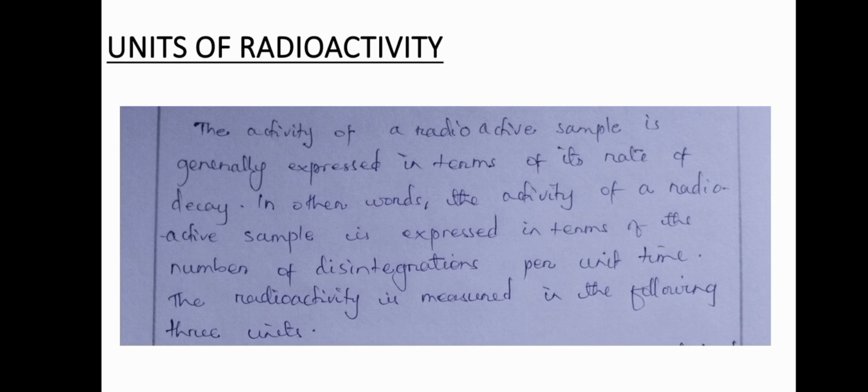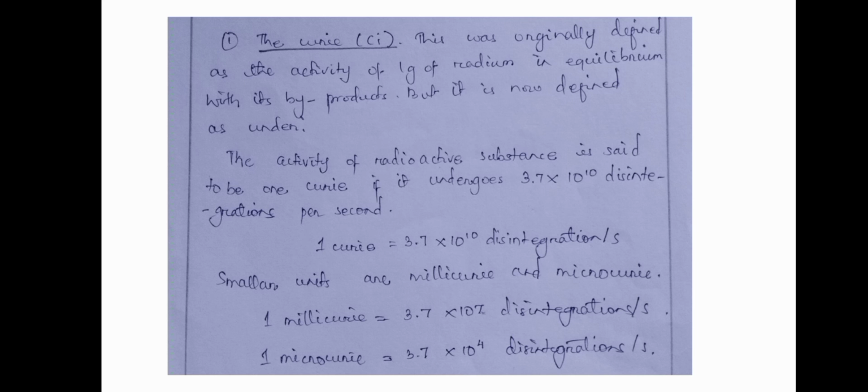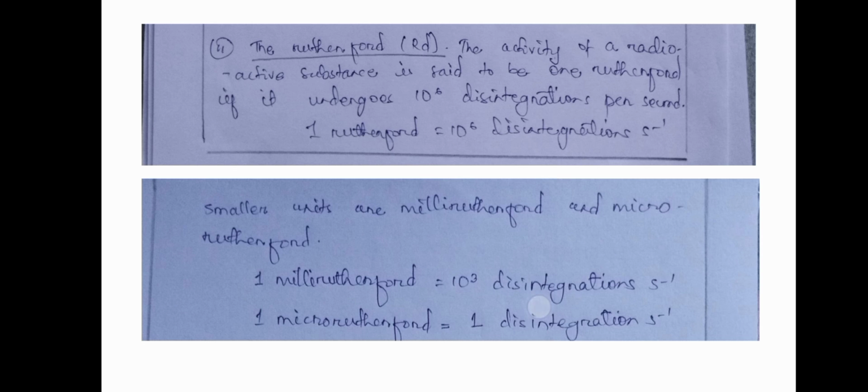Now we have units of radioactivity. Units of radioactivity are divided into three units. The first unit is the Curie, that is 1 Curie equals 3.7 times 10 to the power 10 disintegrations per second. The other one is the Rutherford, so 1 Rutherford equals 10 to the power 6 disintegrations per second.